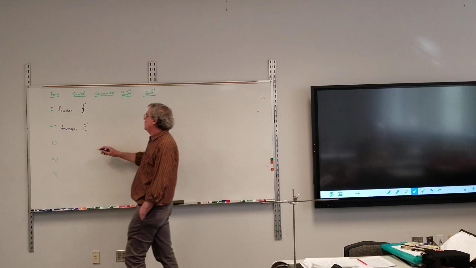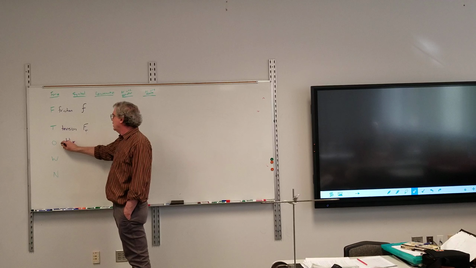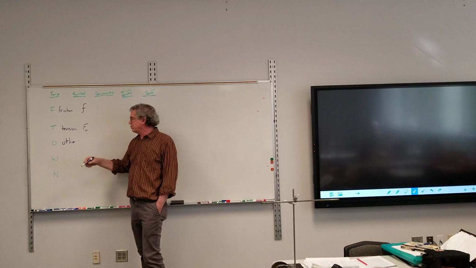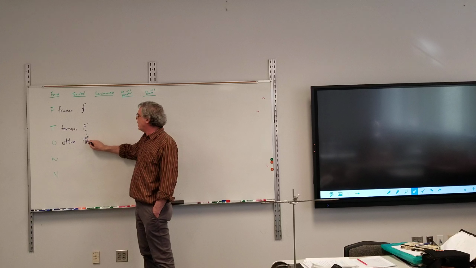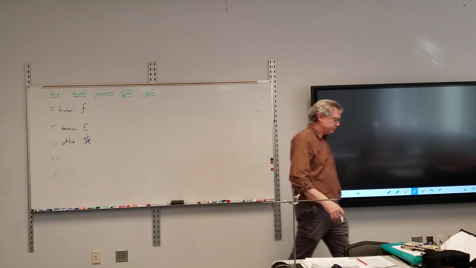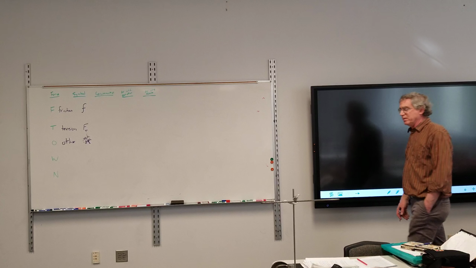O is for other. And the symbol really is problem dependent. So I just put prob-dep, problem dependent. I needed a vowel, and it really does depend upon the wording of the problem.